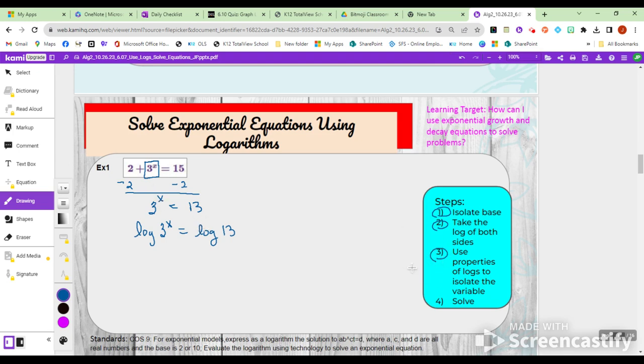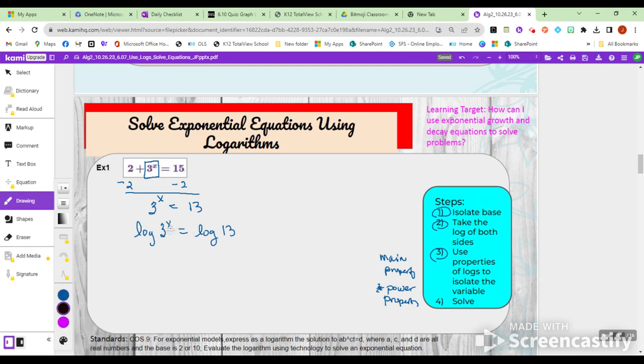So I'll tell you one of the main properties that we use when we're solving exponential equations. I'm just going to write this main property. We use this a lot, it's the power property. It's not the only log property that we use, but we use it a lot. So that's what I'm going to use next.